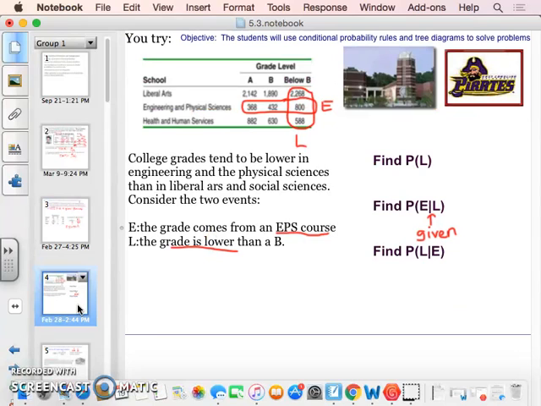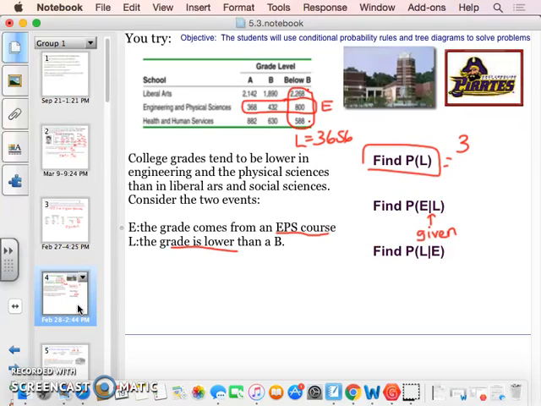Okay, another example, if we're looking at schools, it's been known that if you're an engineering or physical science student, your grades tend to be lower than if you're an ELA student. So let's look at some comparisons. First, we're going to define event E as a grade comes from an EPS course, or engineering and physical science, and we're going to call L the grade is lower than a B. The first thing we want to do is find the probability of L. So we have to count up all the L. If we add these 3 numbers together, you get 3,656.